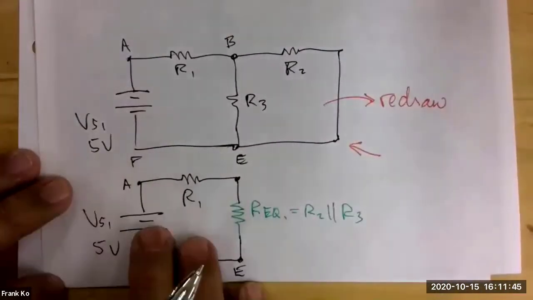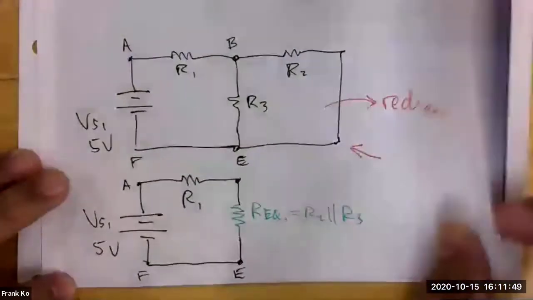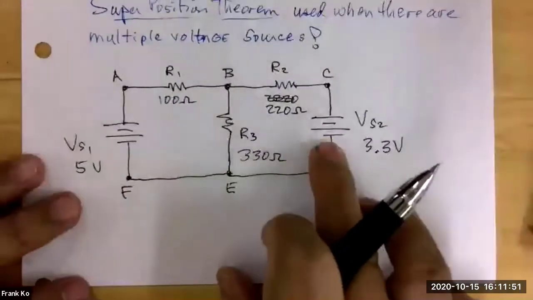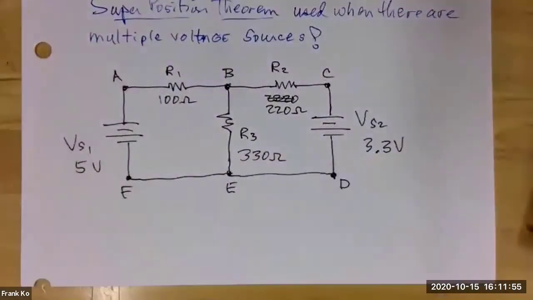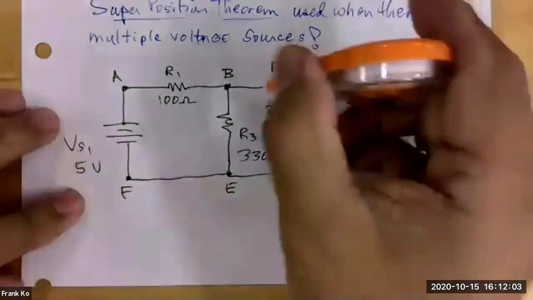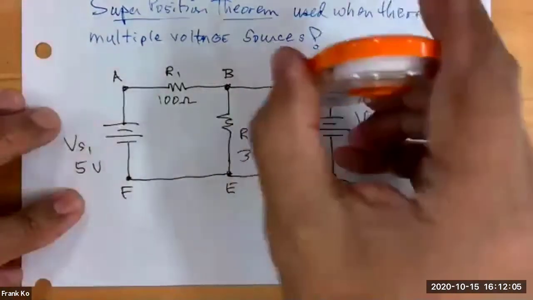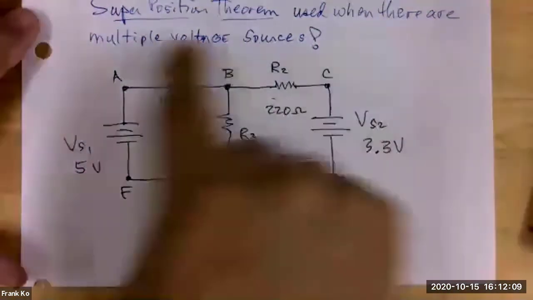Introduce to this another component, another voltage source, like this. If I introduce a voltage source here, then this takes on a different dimension with respect to solutions, because I now have a second voltage source influencing the current flow.